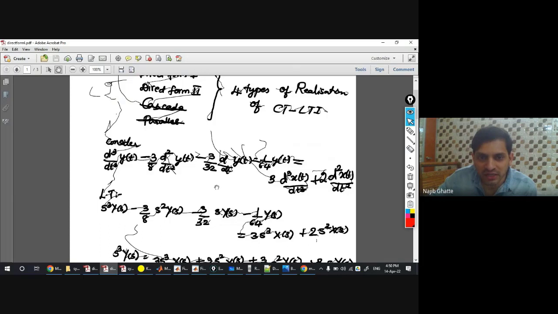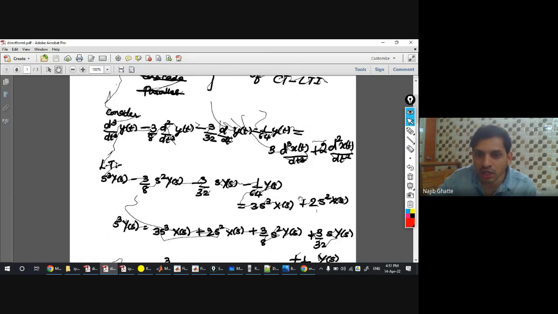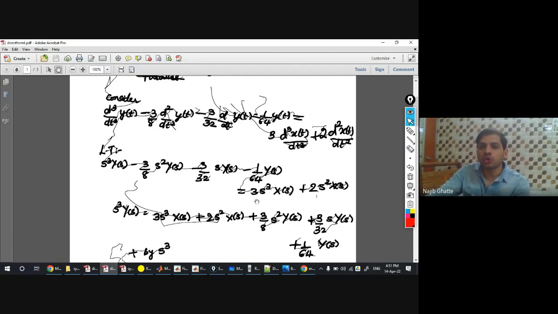Now I'll be converting the entire given differential equation representing the relationship between input and output into the Laplace domain, which says differentiation in the time domain is simply a multiplication by s in the Laplace domain. Since I have d cube, I'll call it s cube. So I have s cube y of s minus 3 by 8 s square y of s minus 3 by 32 s y of s minus 1 by 64 y of s equal to 3 s cube x of s plus 2 s square x of s.